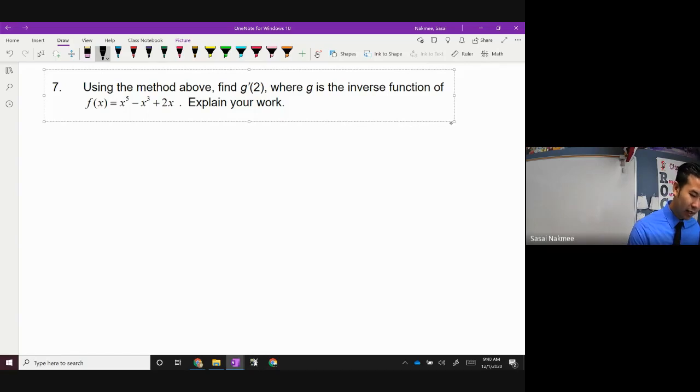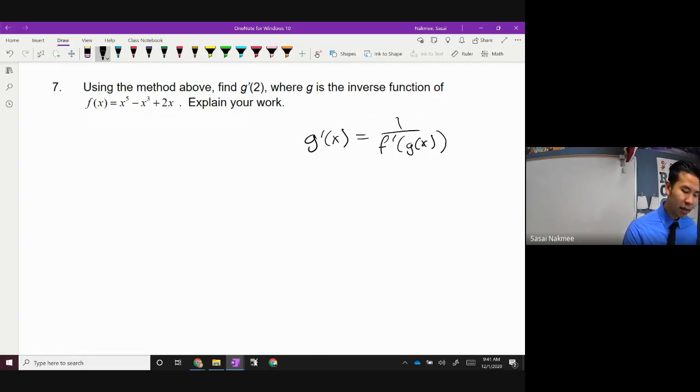The problem is, I know that g prime of x is equal to 1 over f prime of g of x. My only issue right now is I don't know what g of 2 is equal to. They don't give me that information. But they do tell me that f of x is equal to this quintic, I believe. It's when you have x to the 5th.